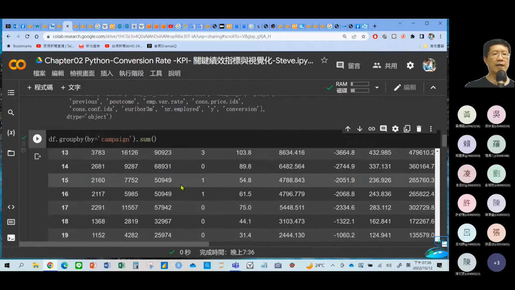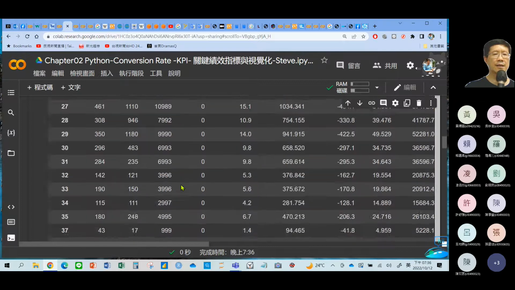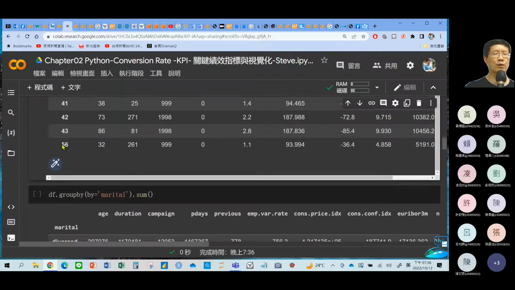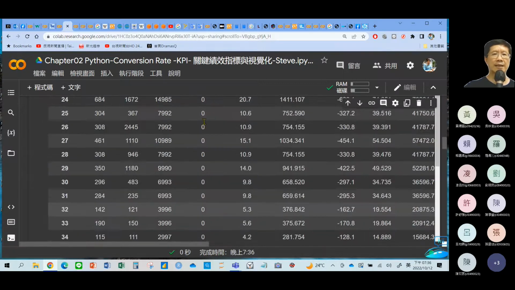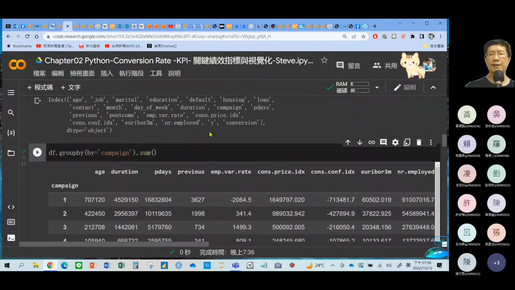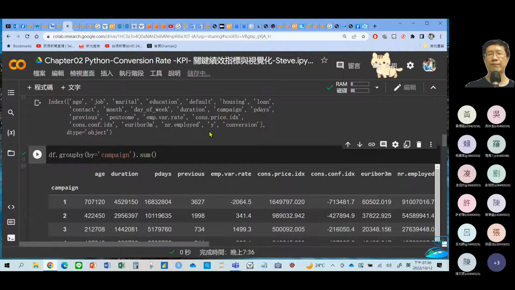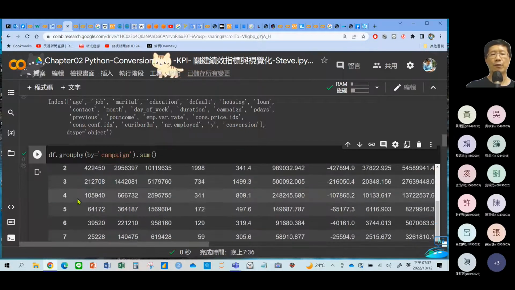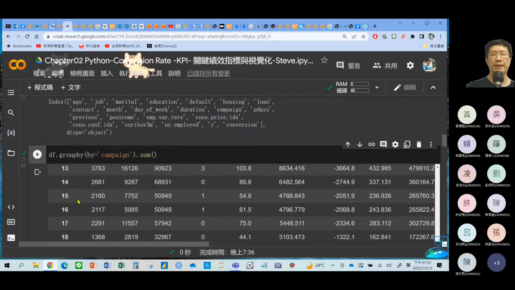Here you will find the campaign for, this campaign is how many phone calls the call center made for each customer. This one. Campaign for the first one, only one call. 只打了一通电话 Okay.